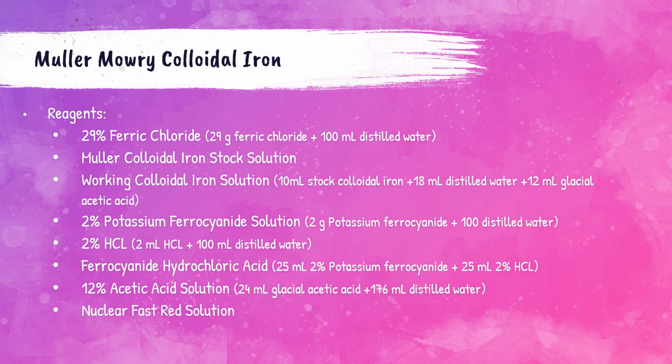Ferrocyanide hydrochloric acid, which is prepared by combining 25 milliliters of 2% potassium ferrocyanide with 25 milliliters of 2% hydrochloric acid. A 12% acetic acid solution, which is prepared by combining 24 milliliters of glacial acetic acid with 176 milliliters of distilled water. And lastly, a nuclear fast red solution.